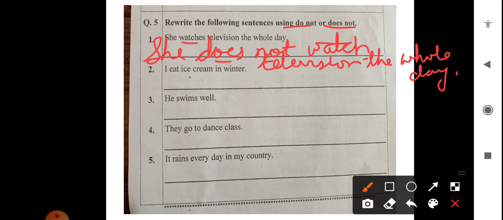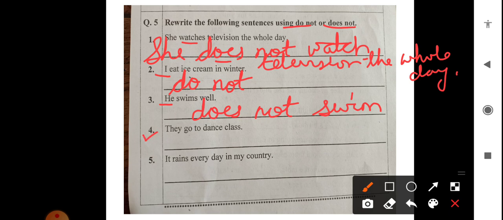I eat ice cream in winter. Now, children, you remember with I, we will not use does not. So, for I, we use I do not eat ice cream in winter. Then, he swims well. He, again it is singular, one person. So he does not, swims will become swim. He does not swim well.